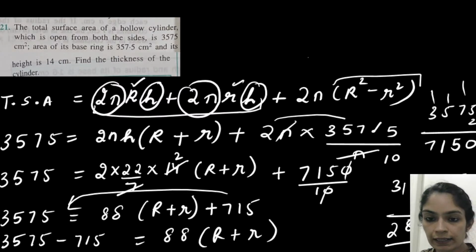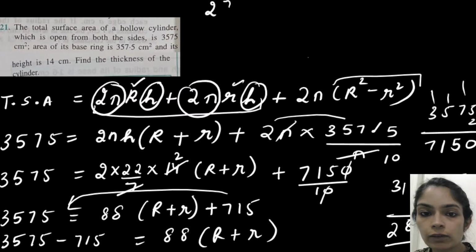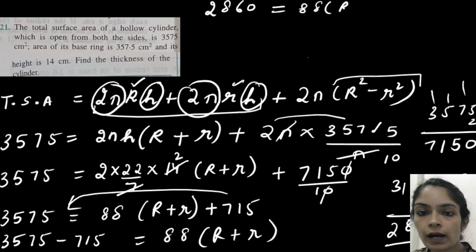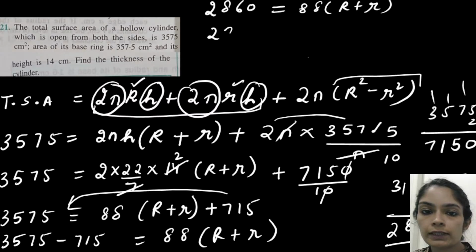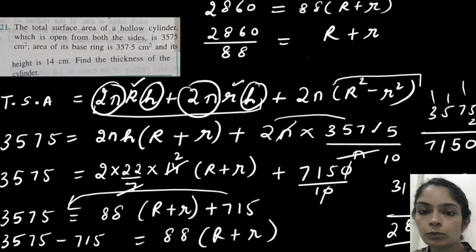Okay, Shiva Shankar has given the answer 2860, because I have to keep a check on my calculations also. 2860 is equal to 88 into R plus r. So 88, let's shift to the other side. 2860 by 88, it will get divided. It's equal to capital R plus small r.